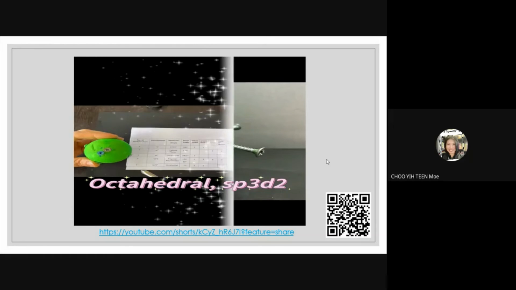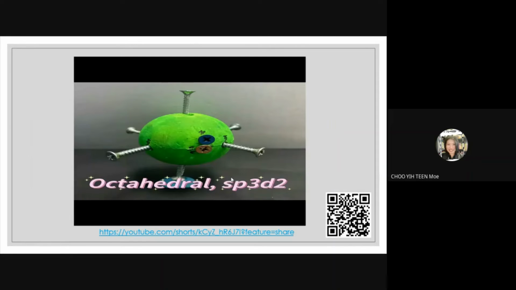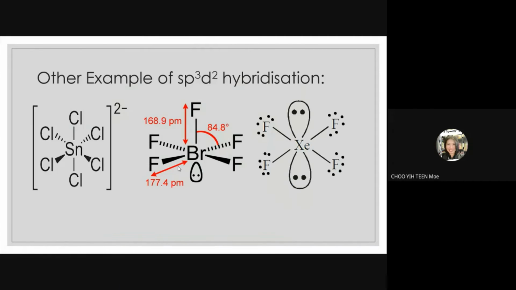How is your experience building the octahedral molecular shape using the model? Do you find all the bonding here is 90 degrees? Yes.